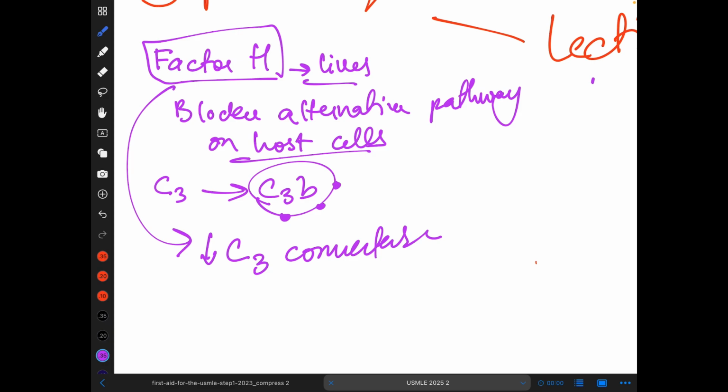And secondly, it cleaves and inactivates C3b itself. So there is no entrance for it on the host.